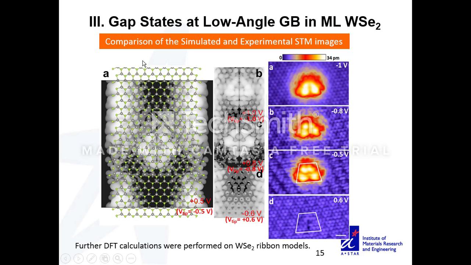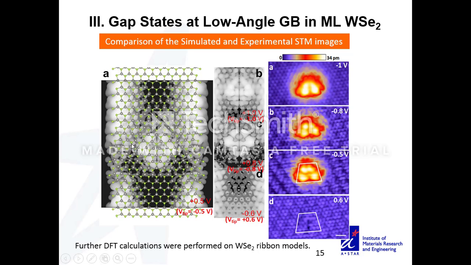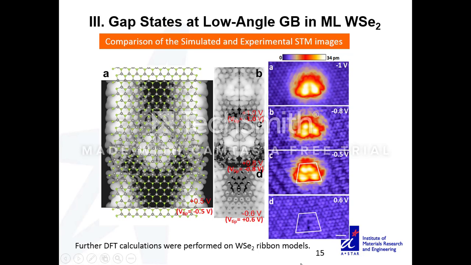And further calculation was performed based on the ribbon model, where we place the dislocation core periodically along this ribbon, with different rotation angles as a variable. Then we also calculate the STM image at different biases, also consistent with our bias dependent image.